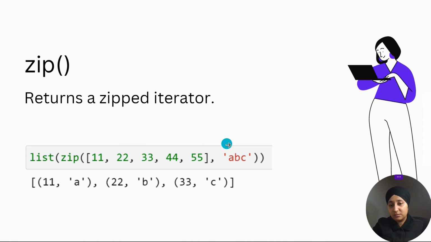This is 22 and this will be clubbed with b in this iterable. 33 will be clubbed with the third element of this iterable, that is C. And there is no D, there is no E, so the zip function will not be able to club these last two elements of the first iterable. And at the end, we have to convert the output to a list. So that is why we are using the list function here, and this is the output.